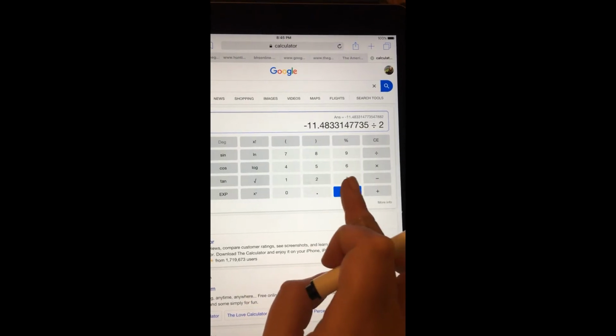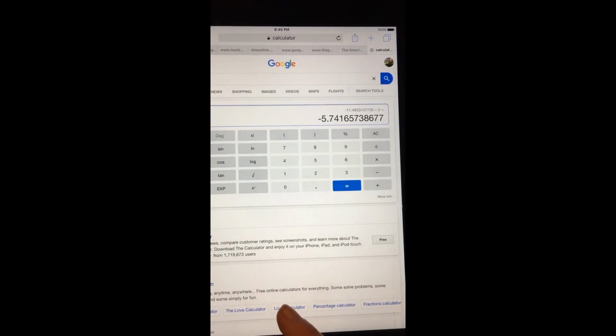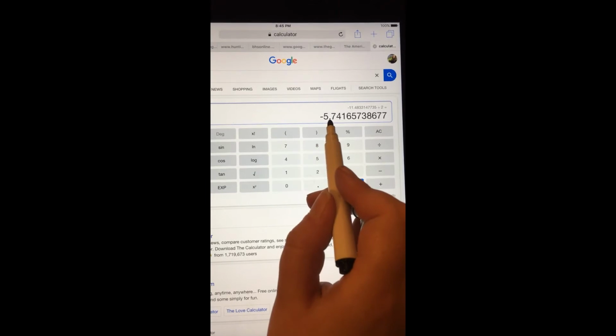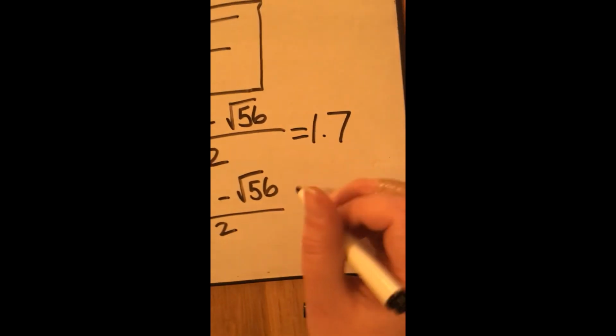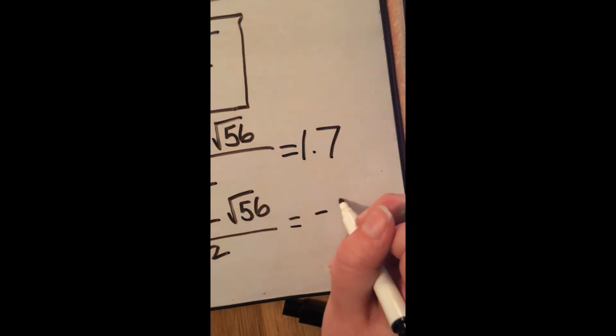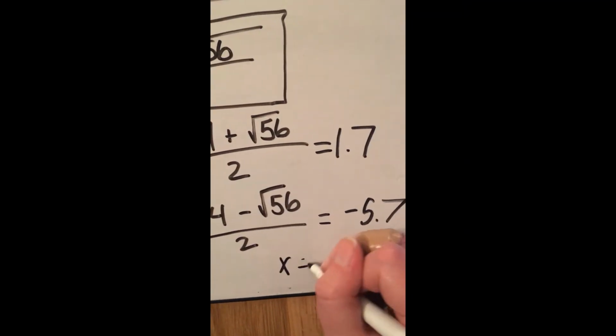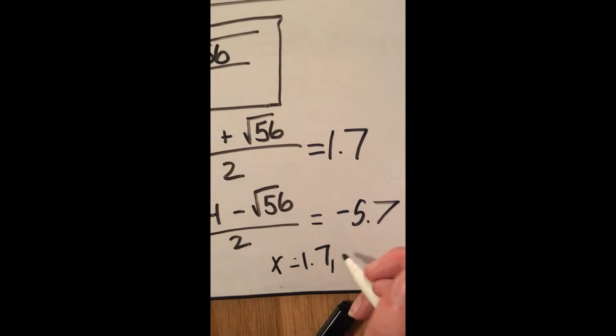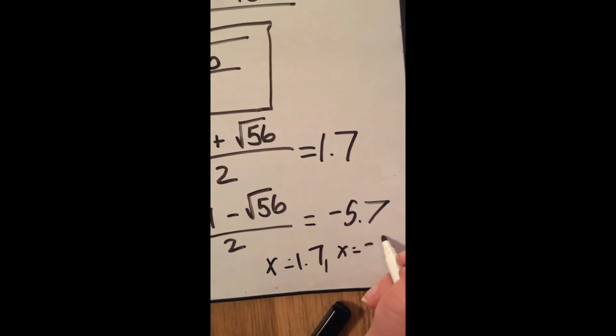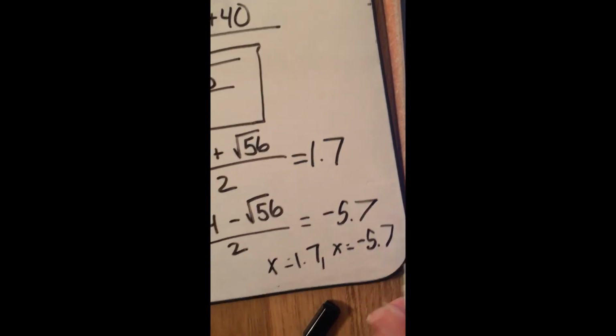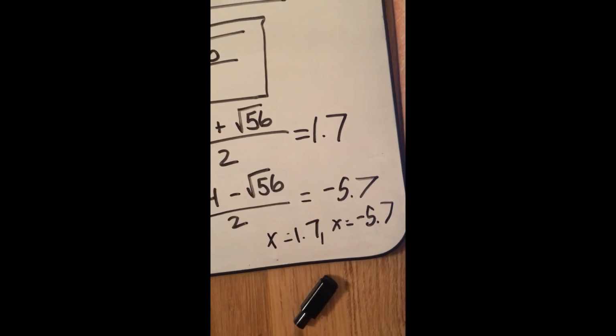Divided by 2, we get negative 5.7, just rounding to the nearest tenth. So x equals 1.7 and x equals negative 5.7. And that is how you solve that equation.